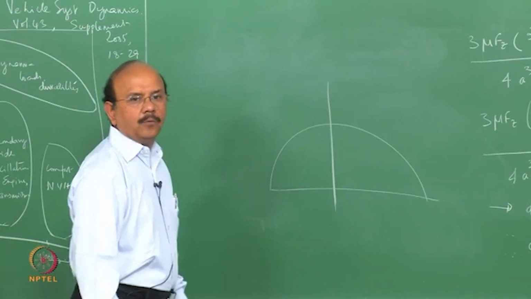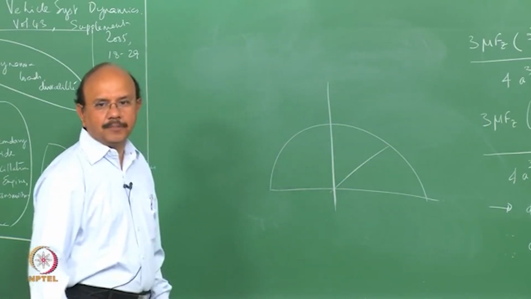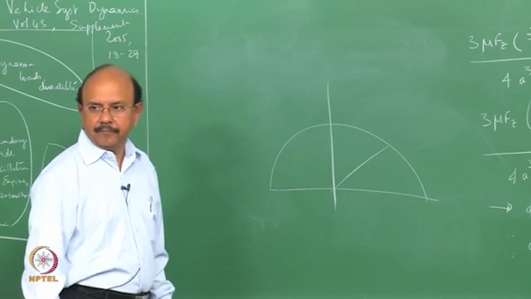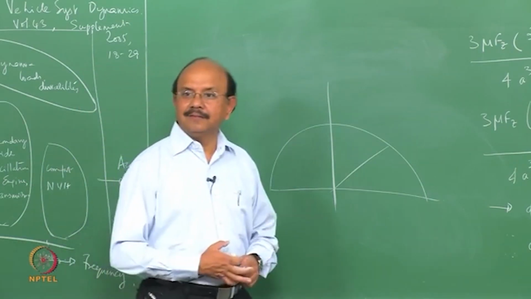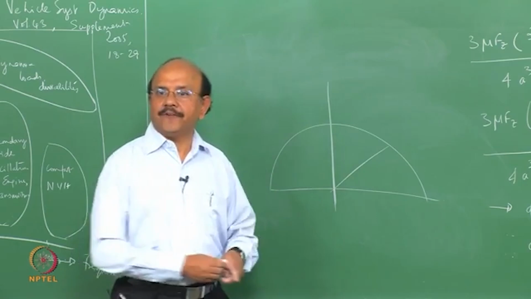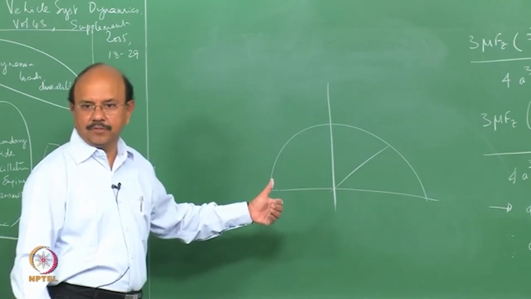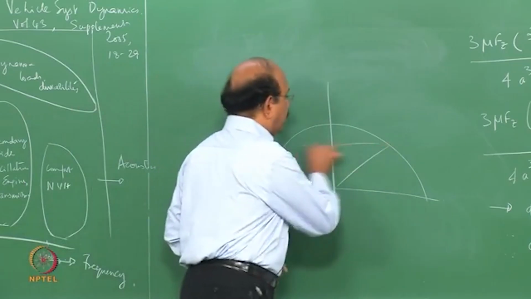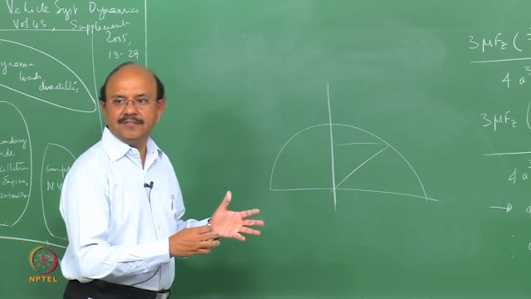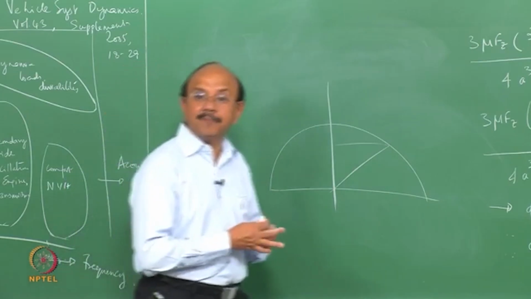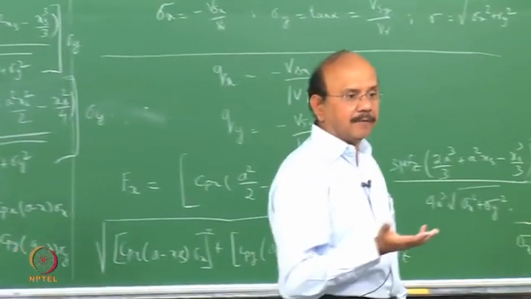When I brake it, I am at this position, sudden braking. When I release it, my Fx now comes to 0. Immediately Fx comes to 0. But my Fy is not the same as what it was before. Fy now actually increases suddenly.